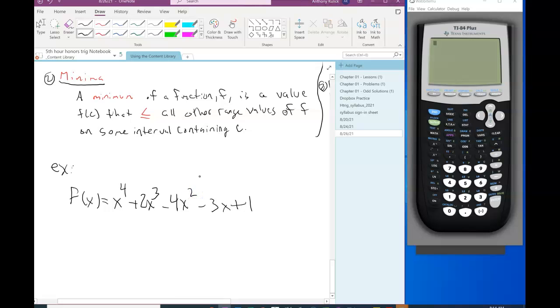Our calculator can actually find the locations of maxima and minima for us. So we'll do that at the same time as looking at the picture and figuring out what's going on, okay? So if you want to follow along on your graphing calculator, you're welcome to do so.